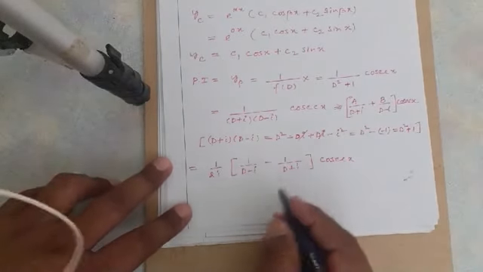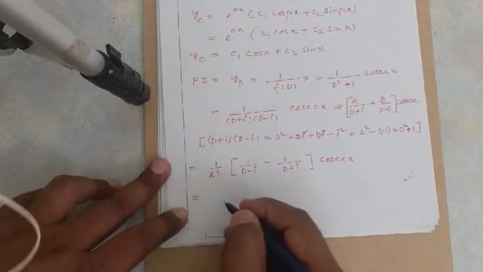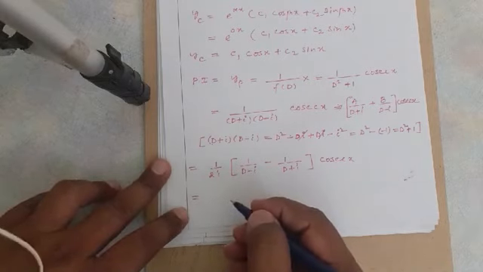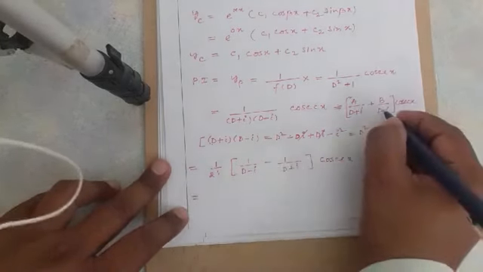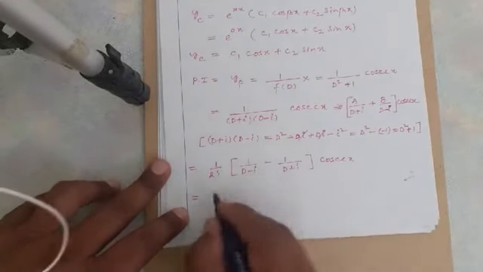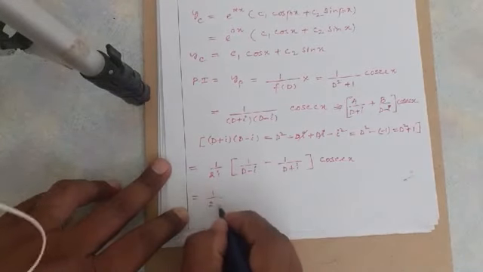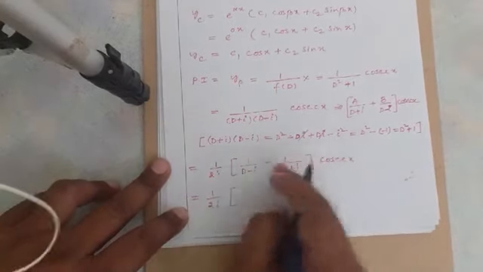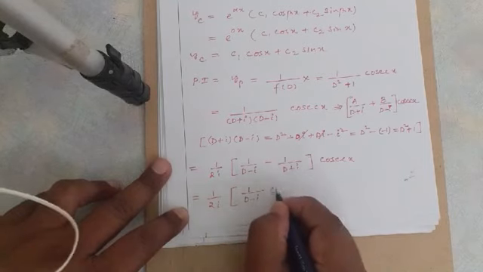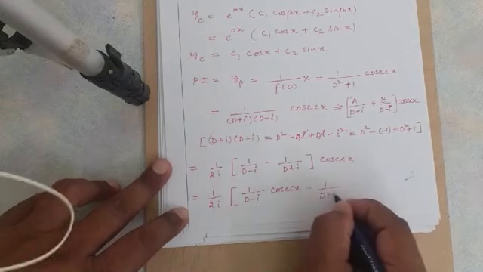Now the next step gives 1 upon 2i in brackets. I am multiplying cosec x inside, so that it becomes 1 upon D minus i cosec x minus 1 upon D plus i cosec x.